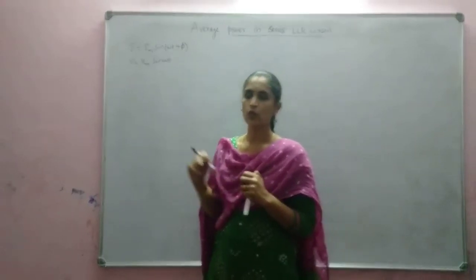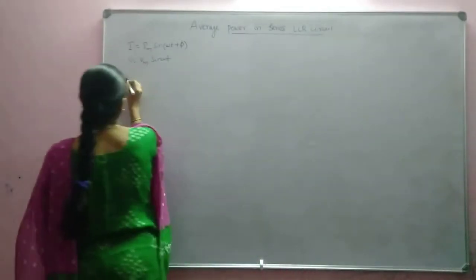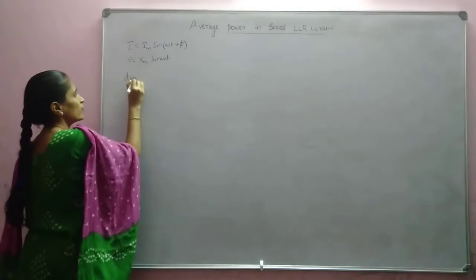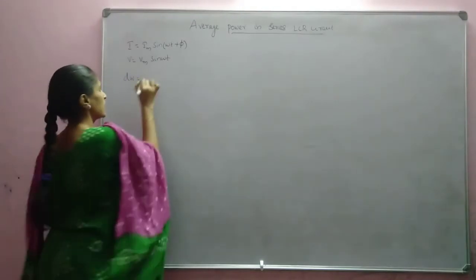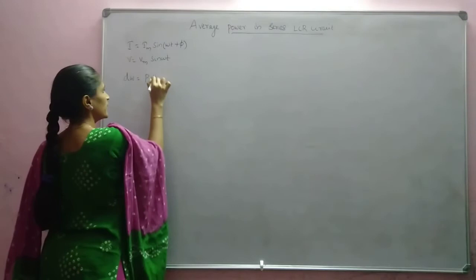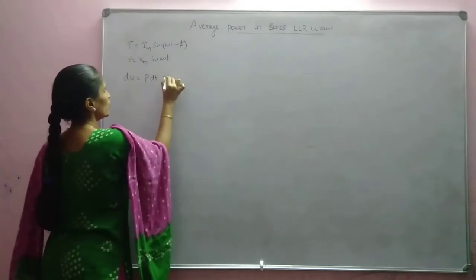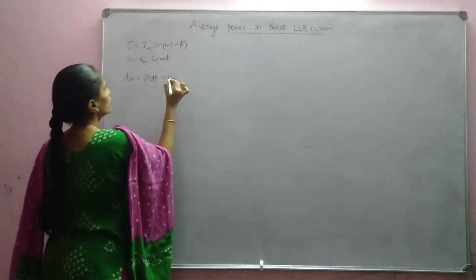Okay. So first we can write the small amount of work done dW, that can be written as power into dt, or that is equal to V into I into dt.